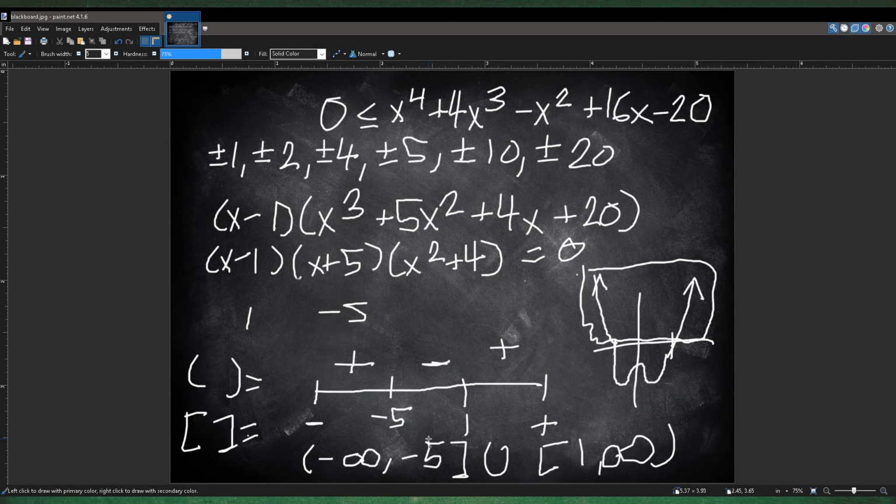So -5 is a solution if you put this rectangular bracket. But if you put the curved bracket, then you're saying -5 is not part of the solution, which is not true, because if you put -5 here, it equals 0, and 0 is greater than or equal to 0. So you have to put a bracket. That's the difference.